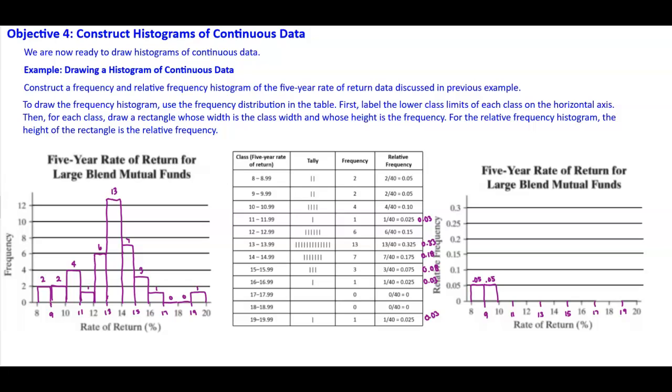Between 10 and 10.99, it's 0.10. Between 11 and 11.99, it is 0.03. Between 12 and 12.99, it is 0.15. And between 13 and 13.99 is 0.33.